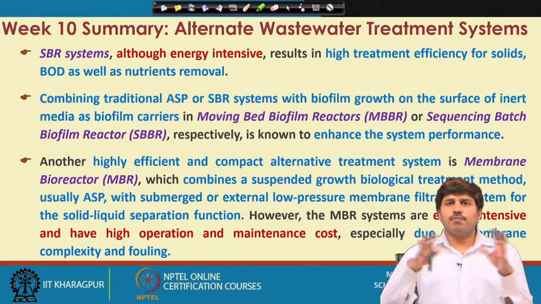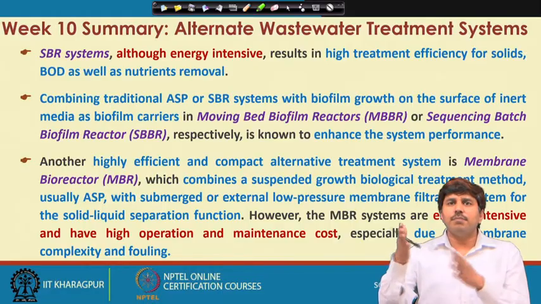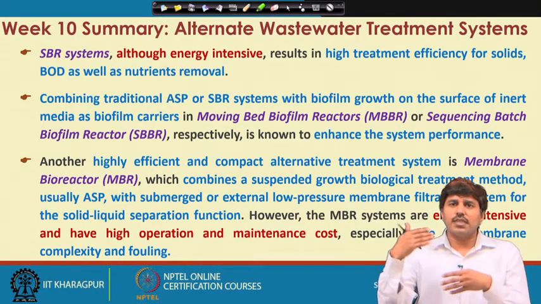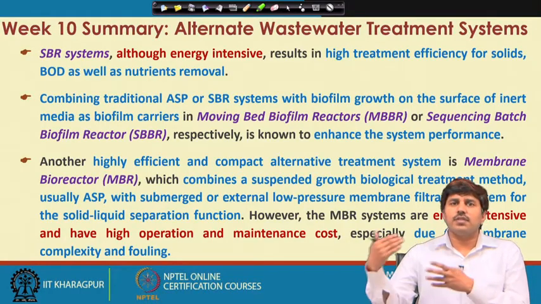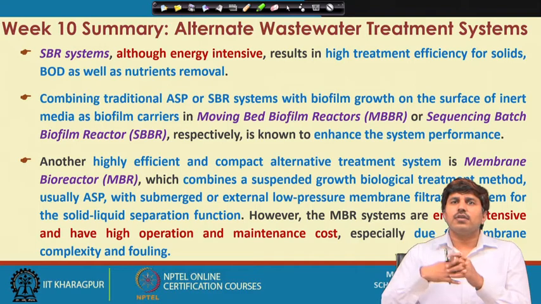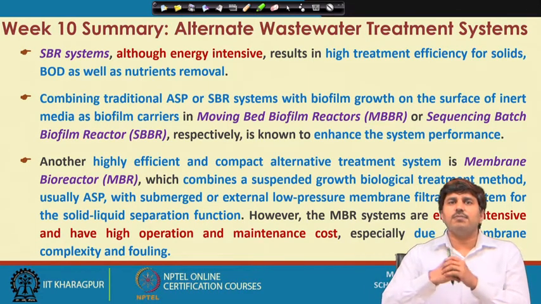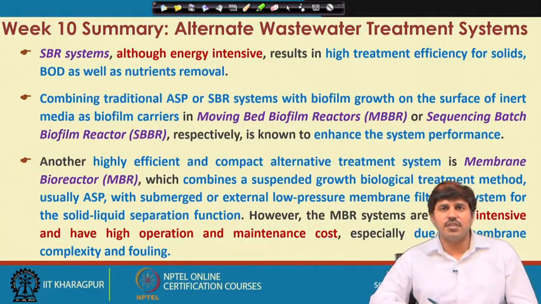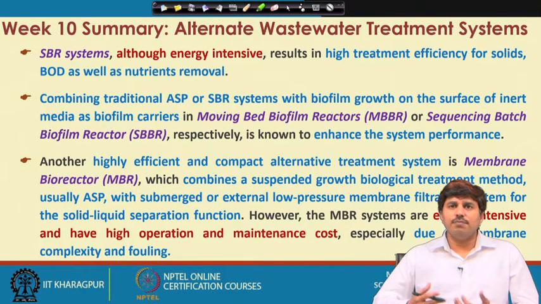The biological process takes place for the degradation of organic matter, whereas instead of going for a secondary settling basin, which has lesser efficiency, we use a membrane which gives us a better filtered quality. So, the requirement of tertiary treatment could also be omitted here, depending on the reuse application, or if needed we can directly go for high end tertiary treatment stages. That is how the MBR system works.